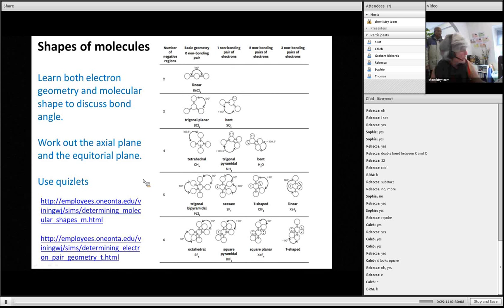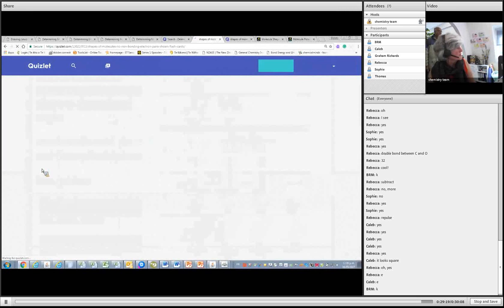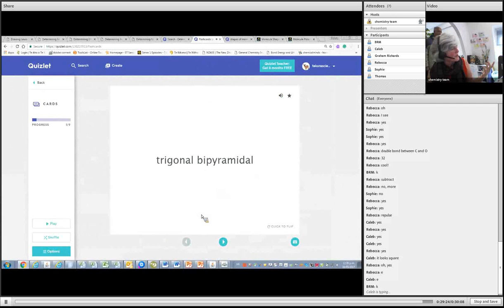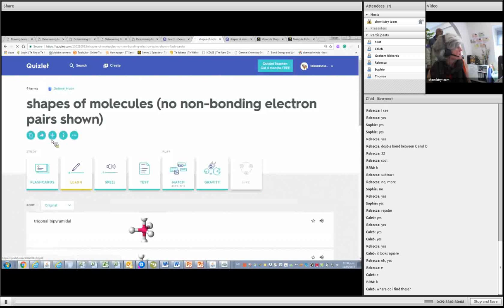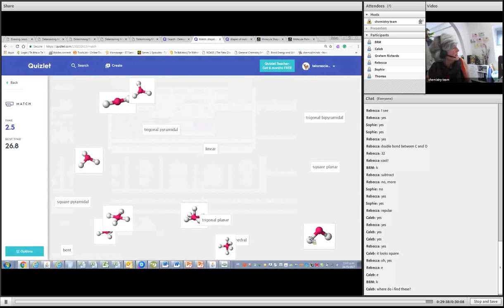Either make flashcards and test yourself like this, or use the Quizlet matching games, where you make everything disappear. So for instance, what is this particular one? If you've learnt it, you should know it's bent or trigonal planar, and you hopefully will match it there, and you can race yourself against the clock.